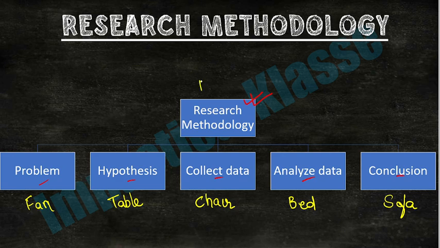They form a room. In a room, you will find all these things. Like that, research problem, hypothesis, collection of data, and analysis of data are all individual units of research method. But when we organize them in a systematic way and carry out our research, the whole thing is known as research methodology. I hope you have understood this chapter very nicely.